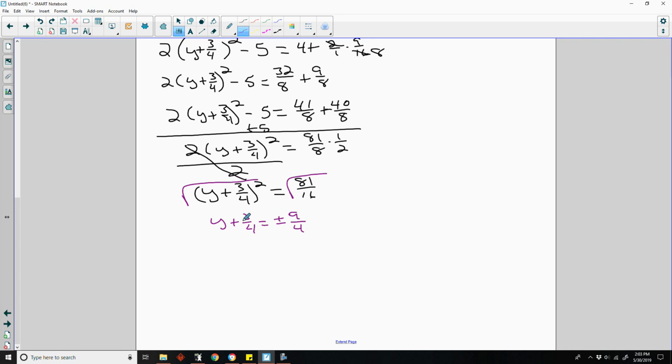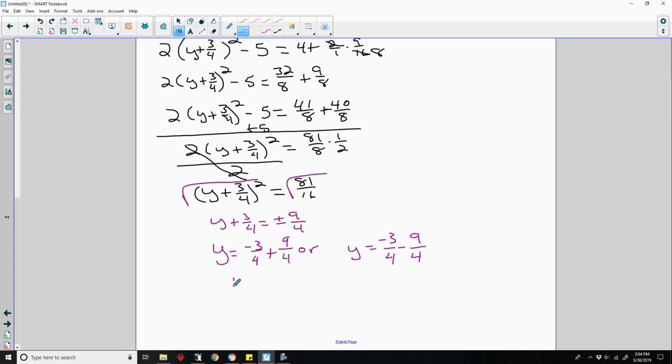So now I'm going to move that 3/4 over here. So y equals negative 3/4 plus 9/4, or y equals negative 3/4 minus 9/4.